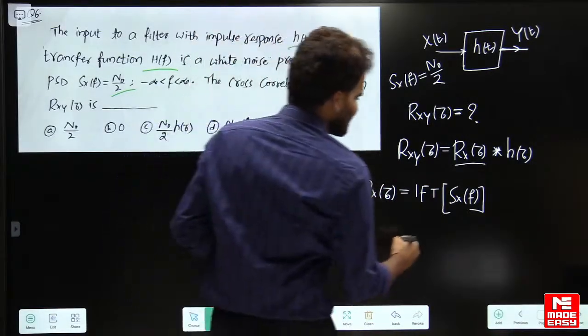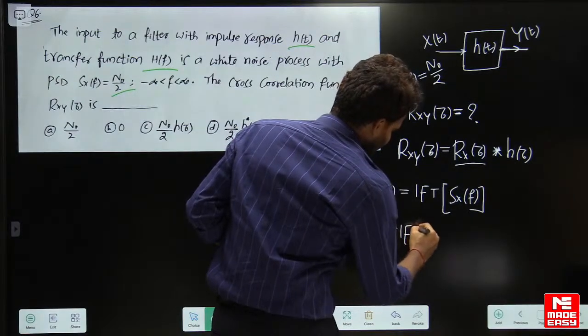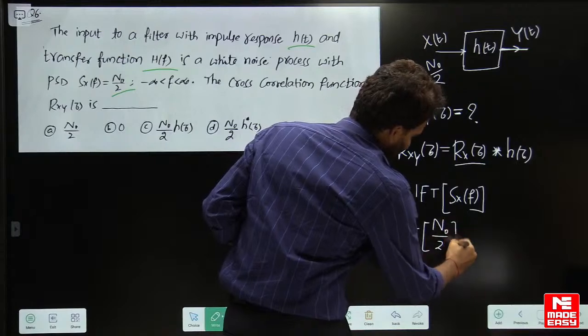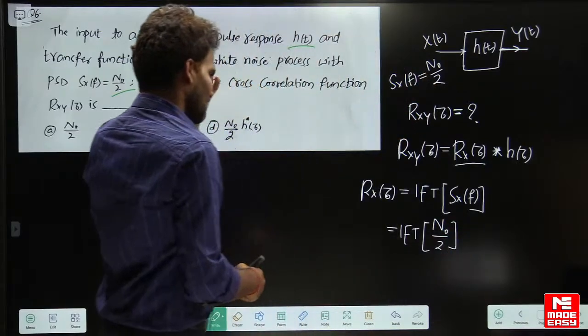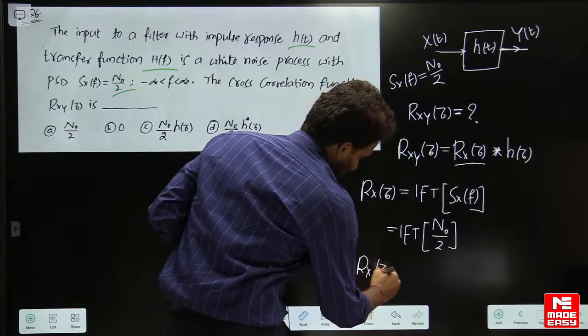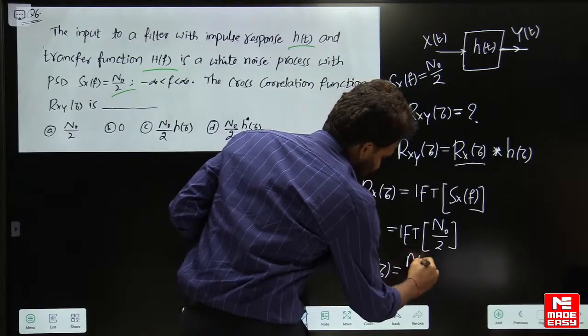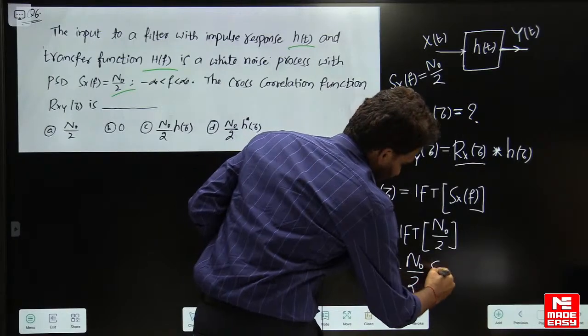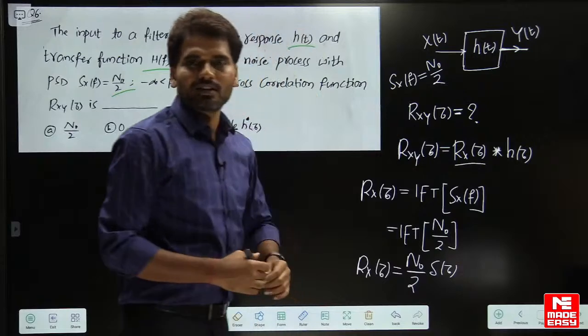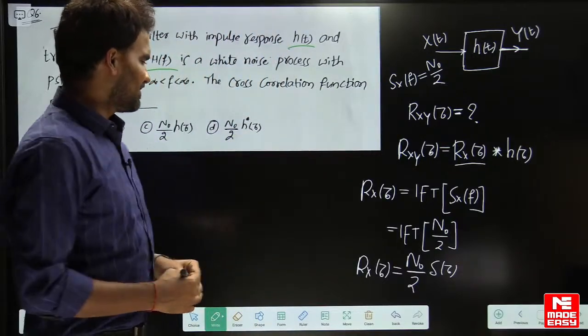Now Rx tau is the inverse Fourier transformation of n0 by 2, so Rx tau will be n0 by 2 del tau, since the inverse Fourier transformation of 1 is del tau.